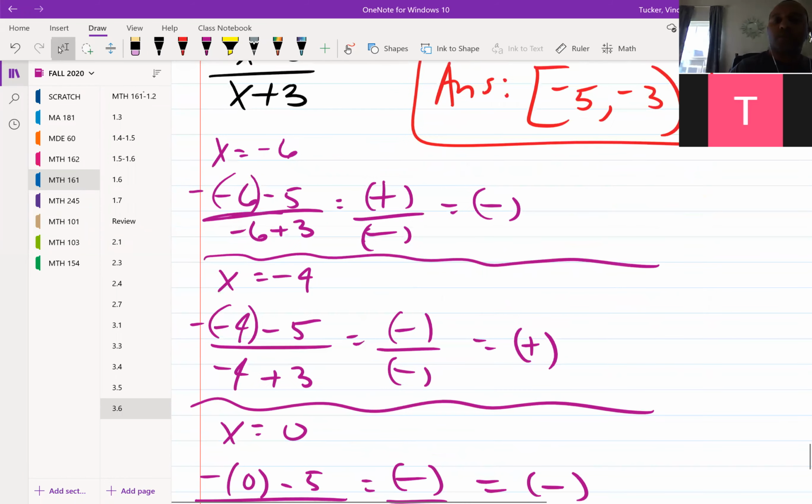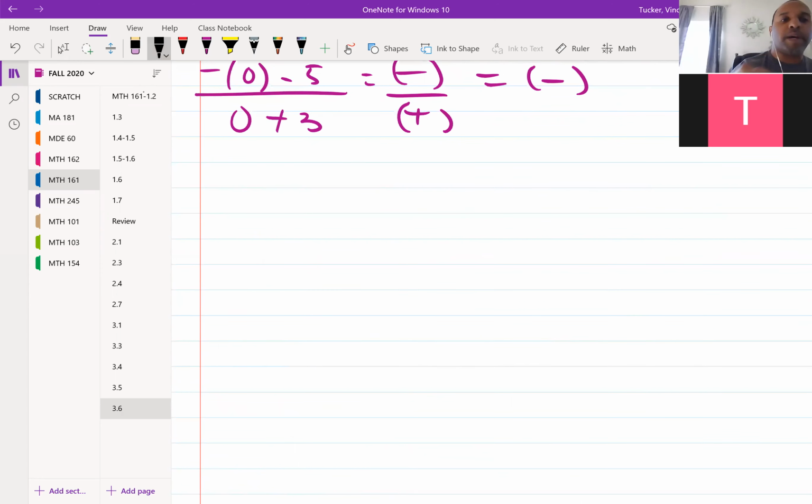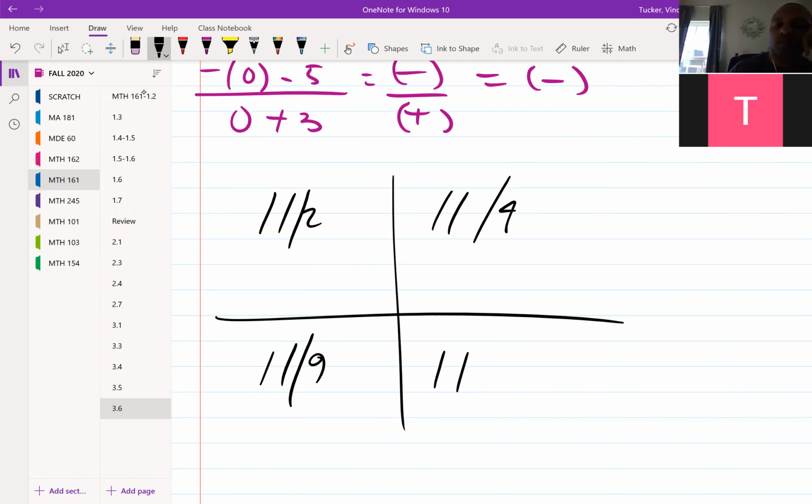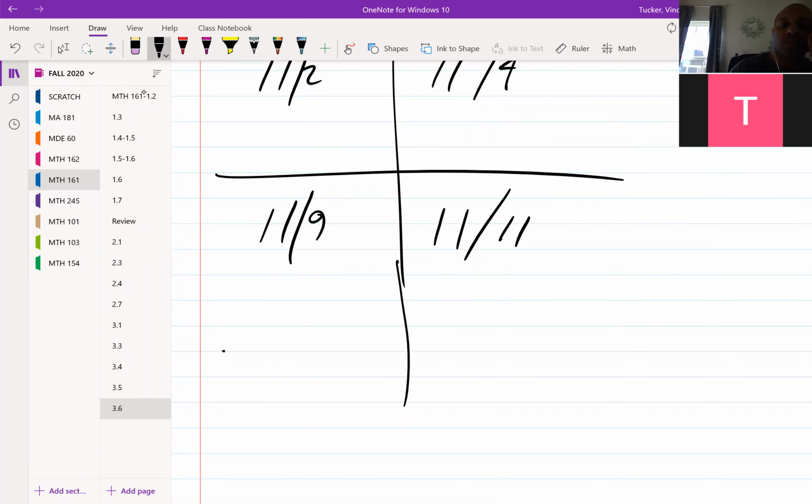All right, so just to do a little mapping of what we have going forward. Today is 11/2, then 11/4, and 7.